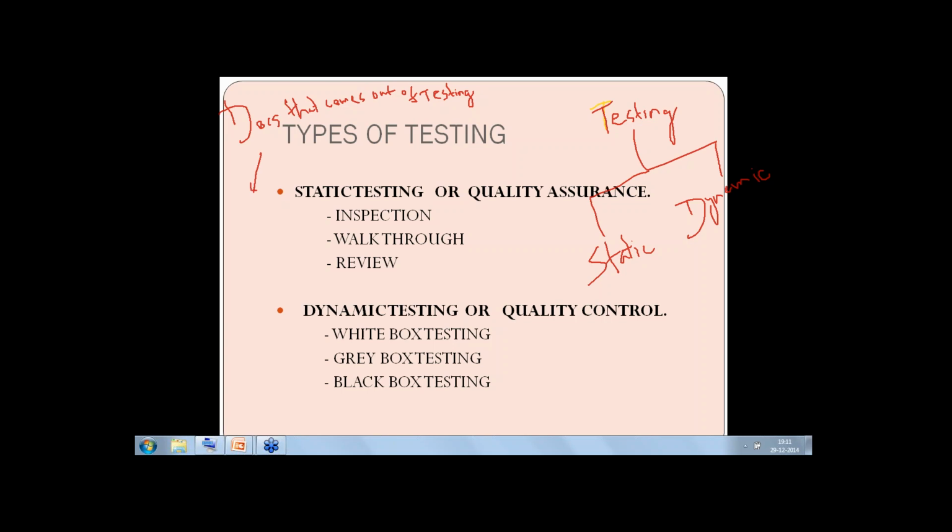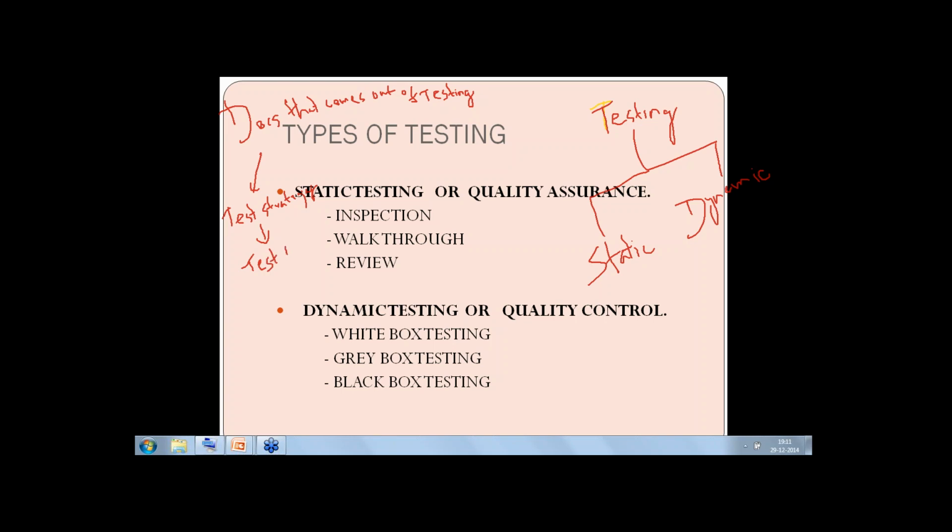Certain documents which come out of your testing are your test strategy. It's called test strategy. And once you make the test plan, it goes in a very particular manner. You cannot make the test plan before you make the test strategy document.